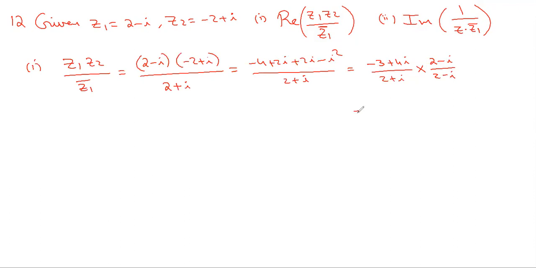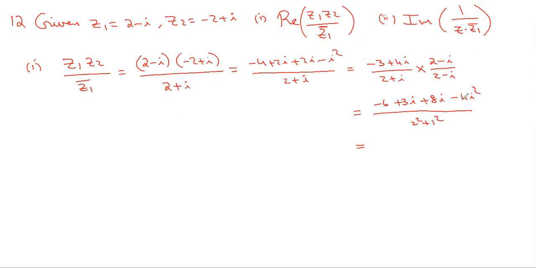So then, in the numerator again, minus 3 into minus 2 is 6, plus 3i, plus 8i minus 4i square, by the denominator 2 square plus 1 square.